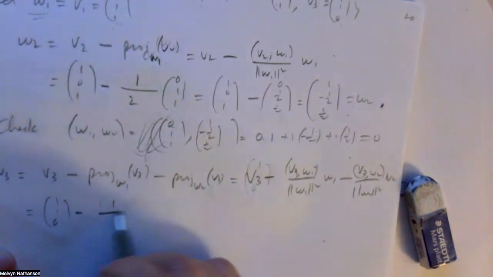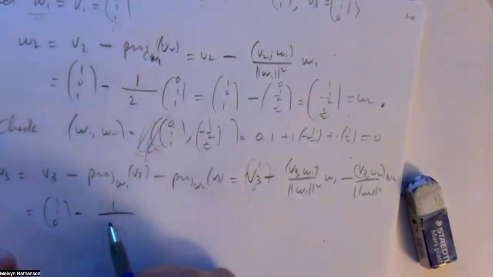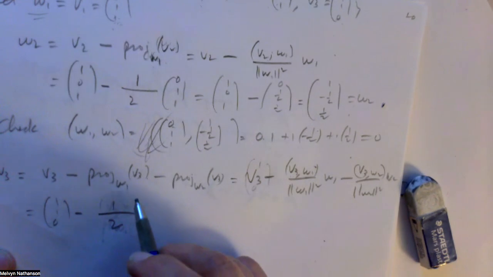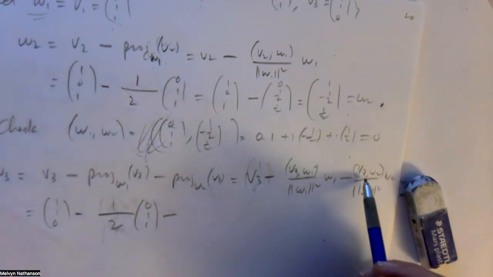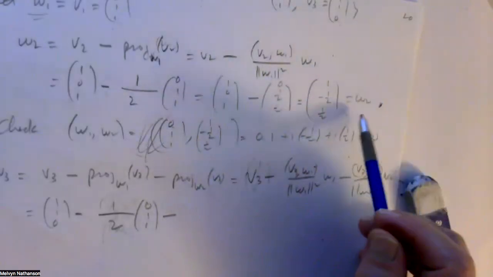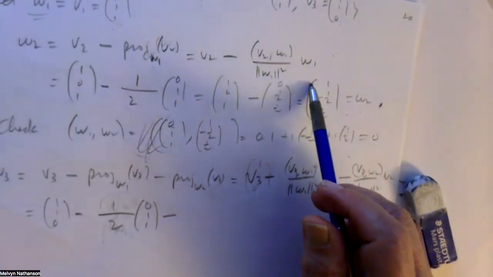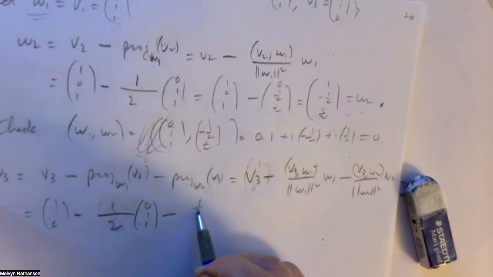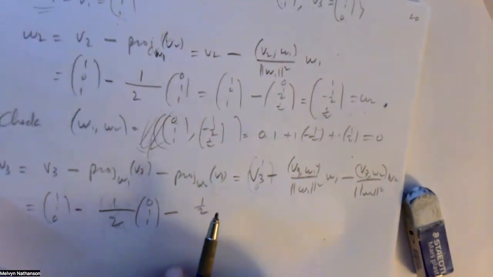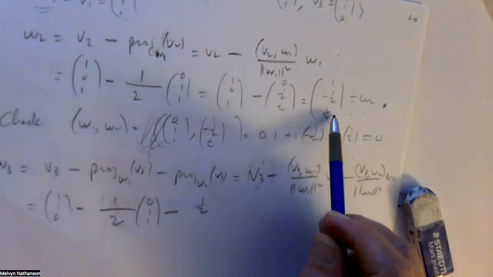That's 1 over the length of W1 squared, which is 2, times W1, 0, 1, 1, minus the inner product of V3 and W2. 1, 1, 0 with W2 gives me a half, over the length of W2 squared.